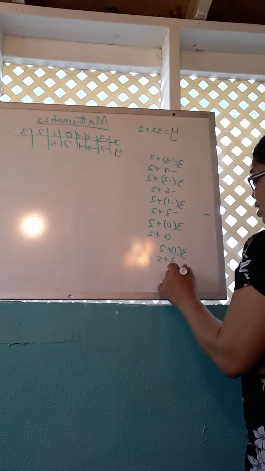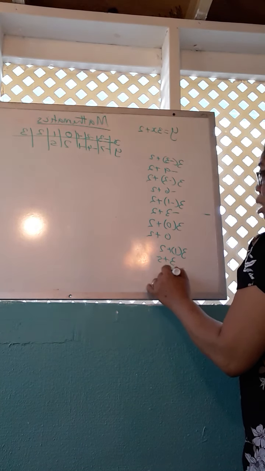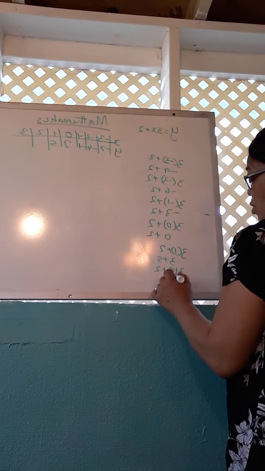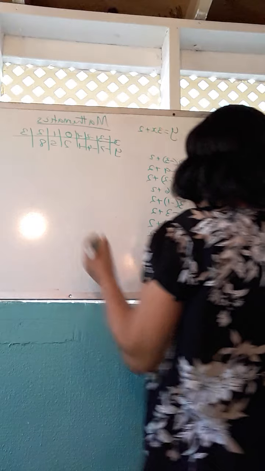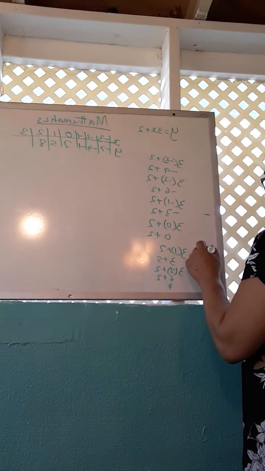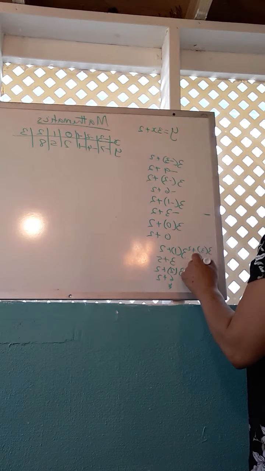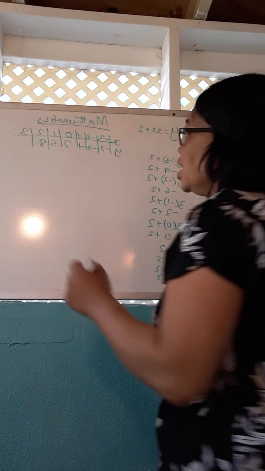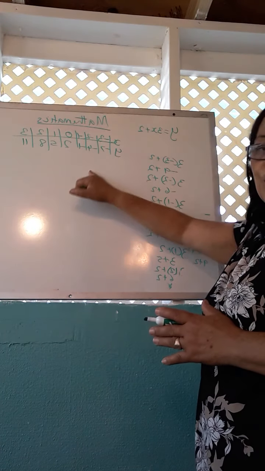Then it's 3 times 2 plus 2, and that's going to give me 6 plus 2, which is 8. And then 3 times 3 plus 2 is going to give me 9 plus 2, which is 11. And so I would have worked out all my values of y.